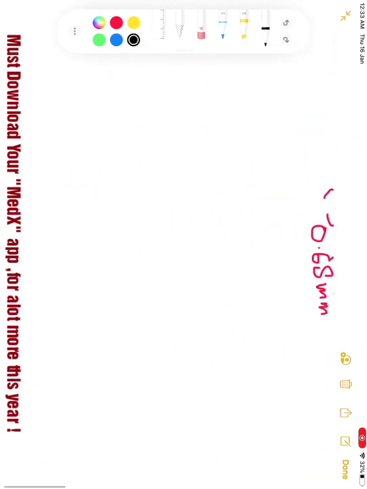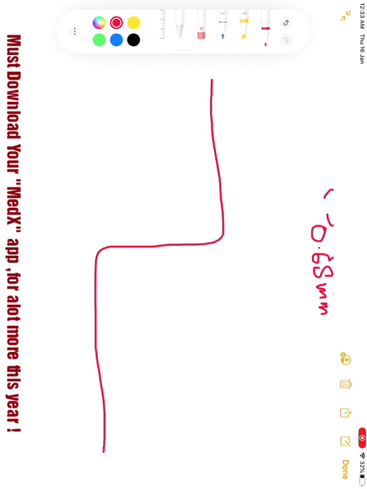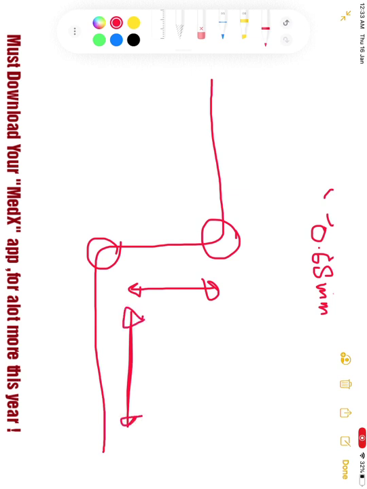Now we'll again draw our facial nerve. So this was our facial nerve, and this was our first genu, second genu, our horizontal segment, our vertical segment. At the first genu, that is this part, the facial nerve gives its first branch.